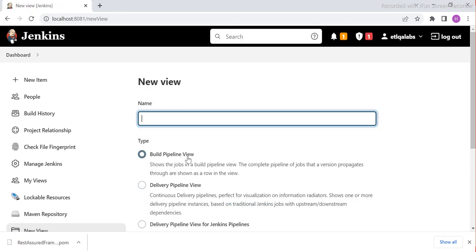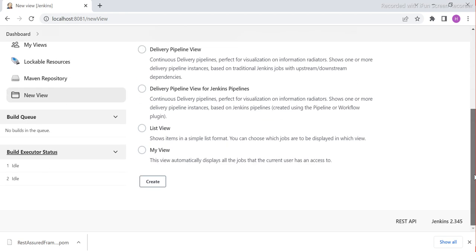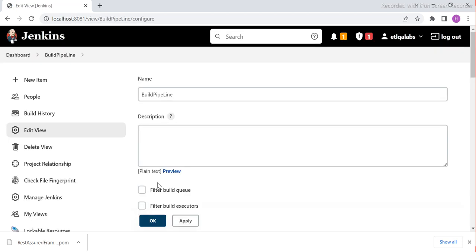So I'm going to create the CI/CD pipeline now. I want to say build pipeline view, and I will name it build pipeline. Now let's go there and create it.